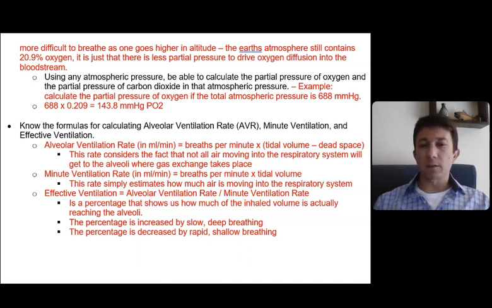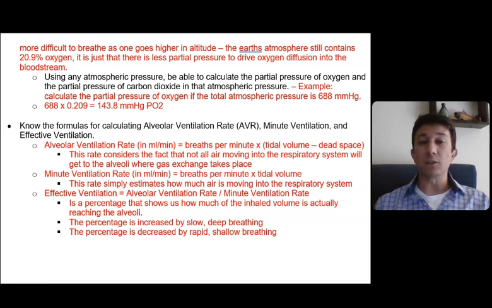And then finally, that brings us to effective ventilation, not effective ventilation rate. Effective ventilation is actually a percentage because it divides the alveolar ventilation rate by the minute ventilation rate. And when you divide two numbers that are the same units, they become dimensionless and they become a percentage, right?